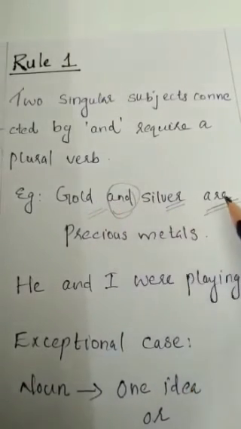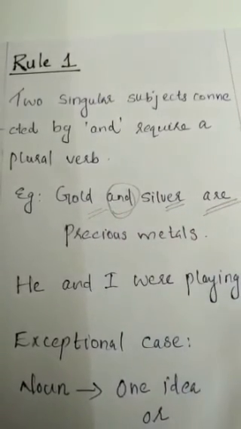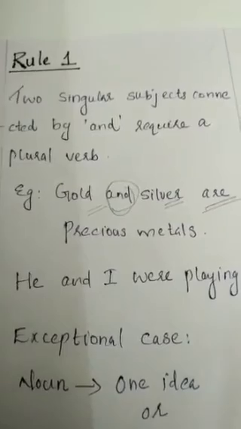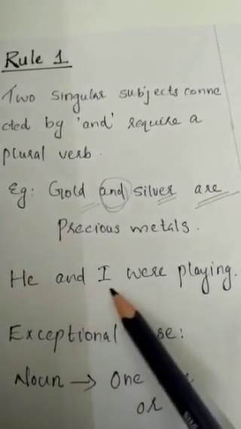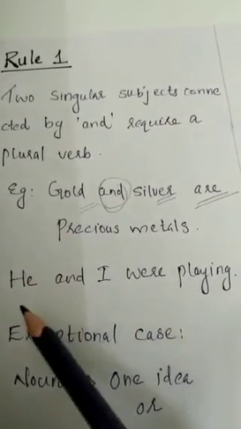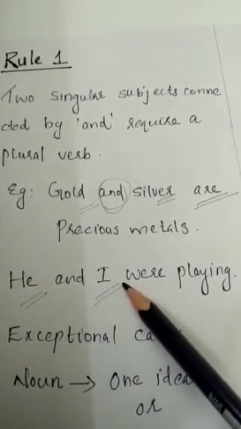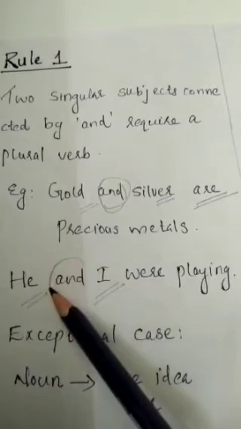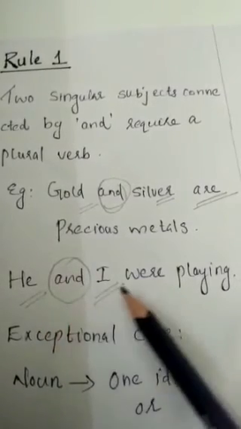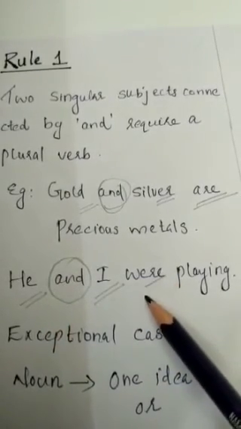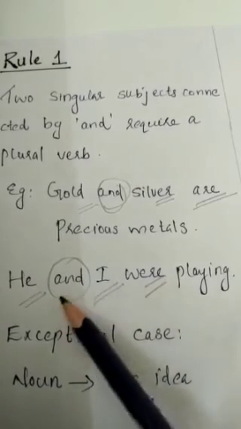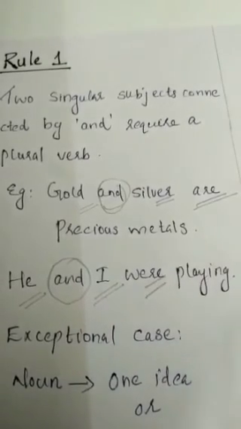Gold and silver are precious metals. And one more example: he and I were playing. He is one singular subject, and I is another singular subject, and they are connected with 'and'. So we should use a plural verb. He and I were playing.